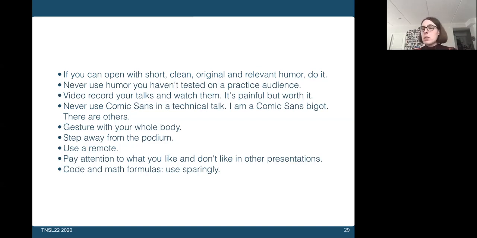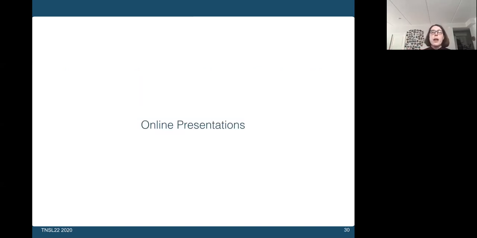Try to express things in some other way and not lots of code and math formulas, because again, you will lose certain people. They will try to understand what you've written there: okay, what's the variable name and what does that index mean? And you will lose them for actually listening to you, which you do not want.